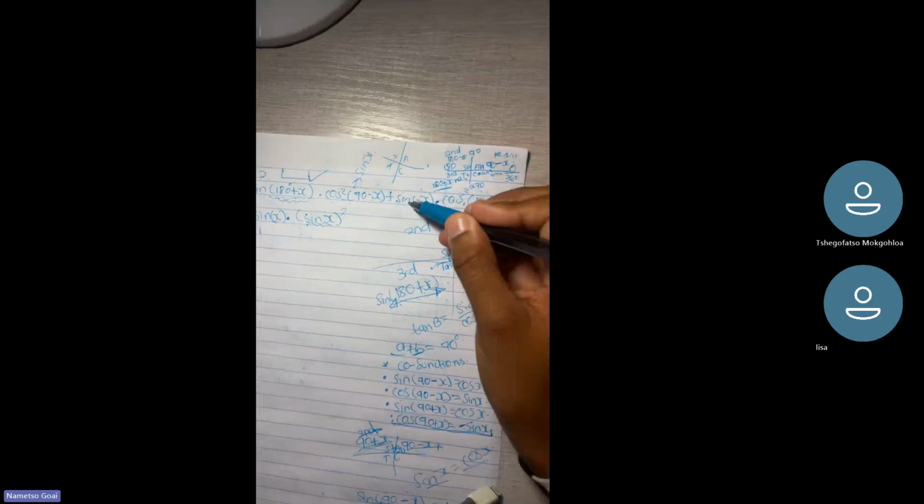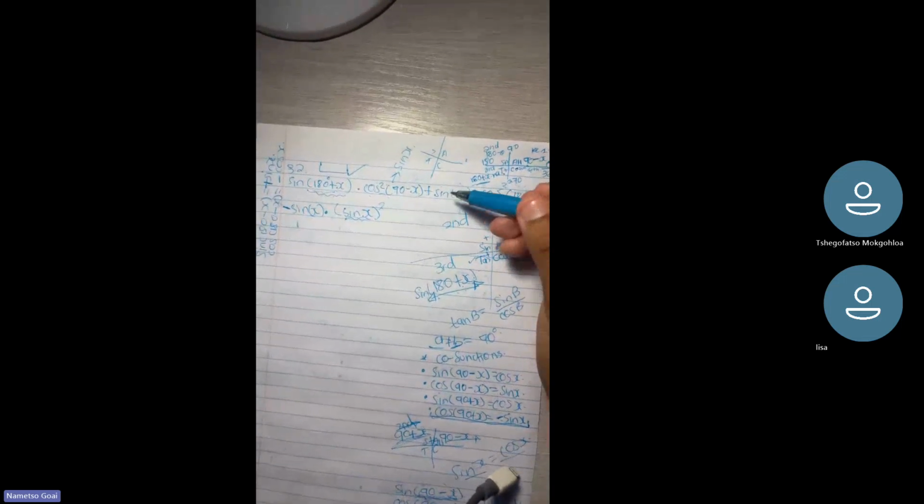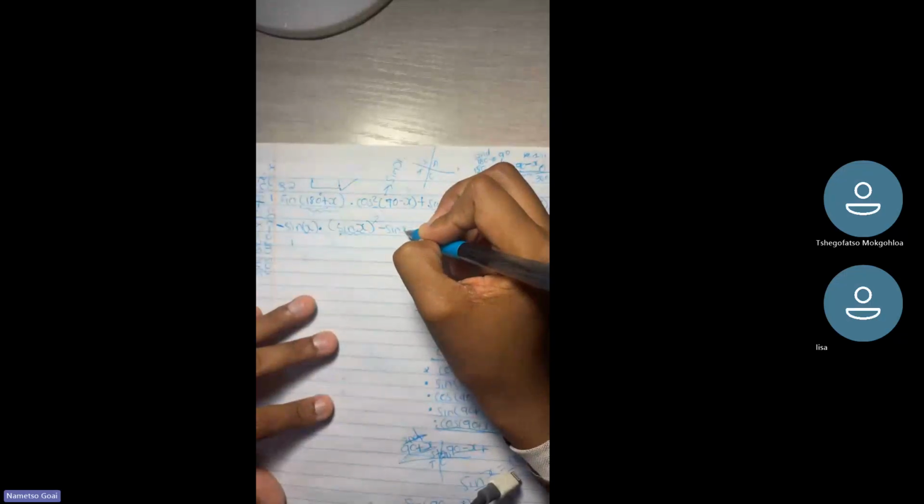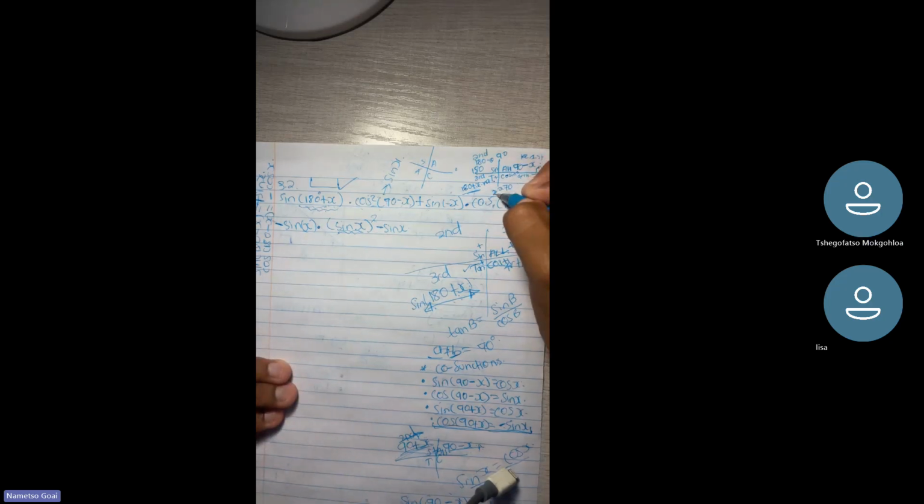Now this will be simple, because all you have to do is multiply the negative by the cos, multiplied by the sine x, which will just give you minus sine x.